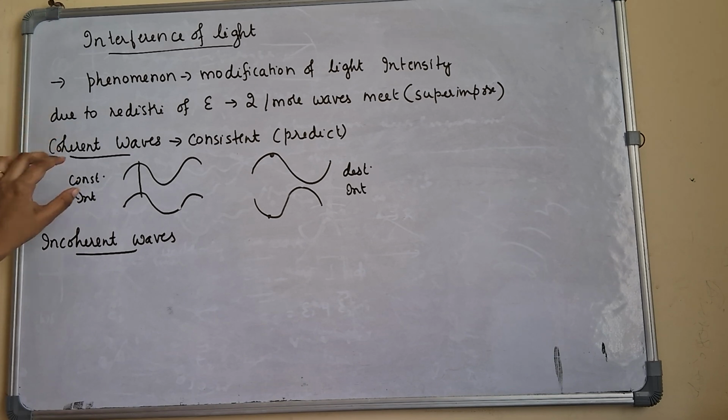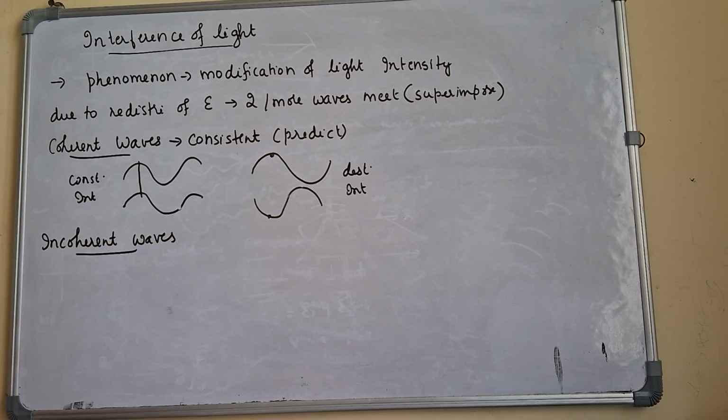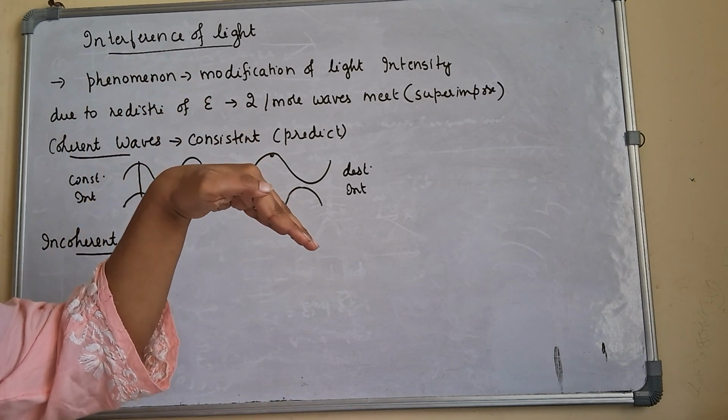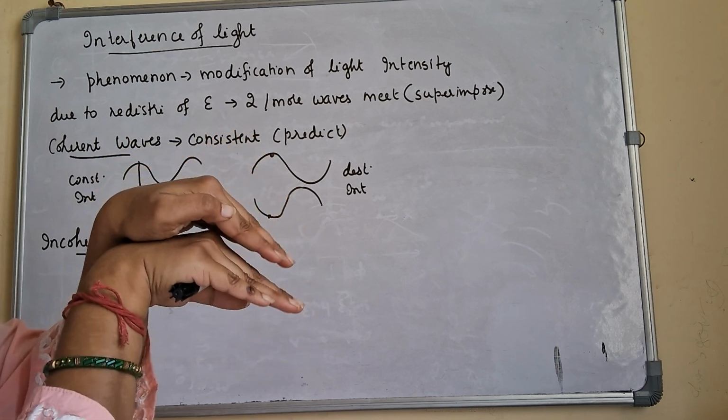Now don't think coherent waves means it is either constructive or destructive. Though it means the same, it is not the correct way to define coherent waves. Coherent waves means you can predict, it is consistent. Whenever you see the crest of one wave, the crest of the other wave will be on top, matching with it.